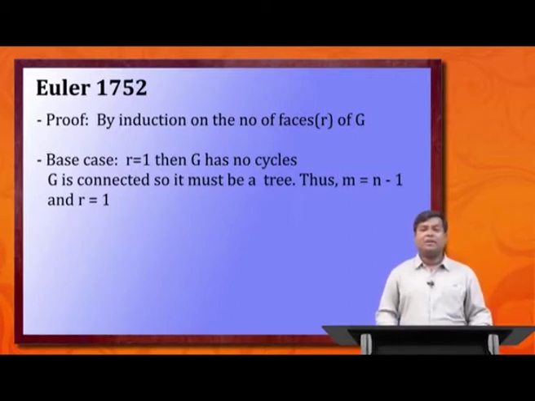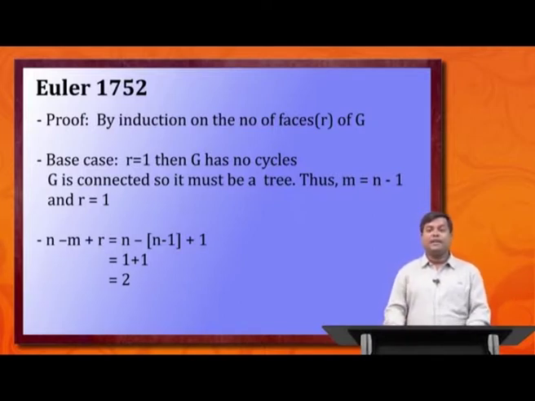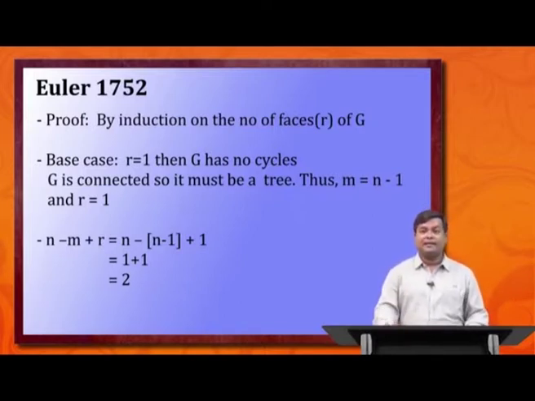So in this case, m equals n minus 1 and r equals 1. If we check n minus m plus r, replacing the values of m and r, then we get n minus m plus r equals 2. So for the base case, we have proved that Euler's formula is correct.